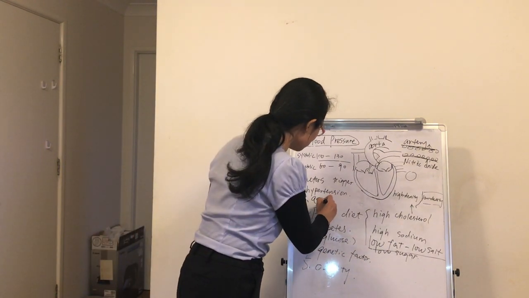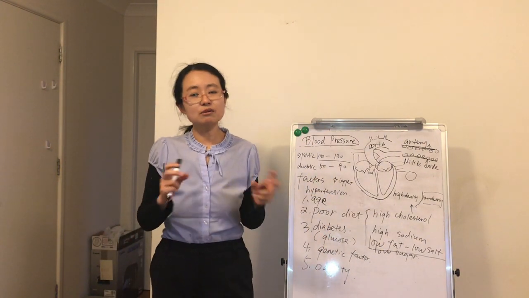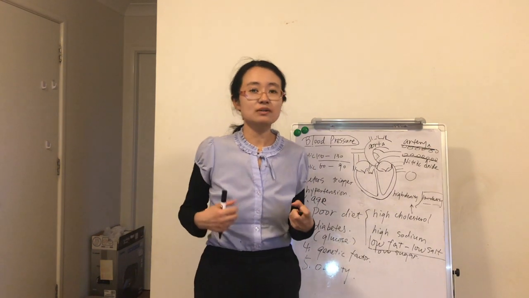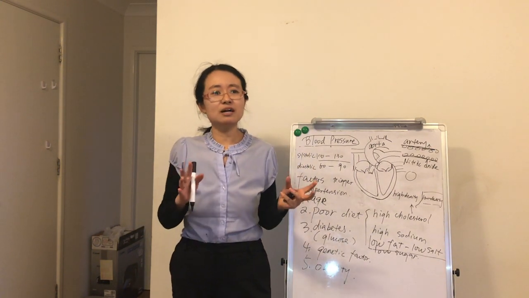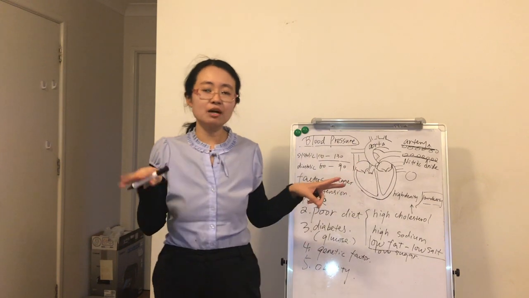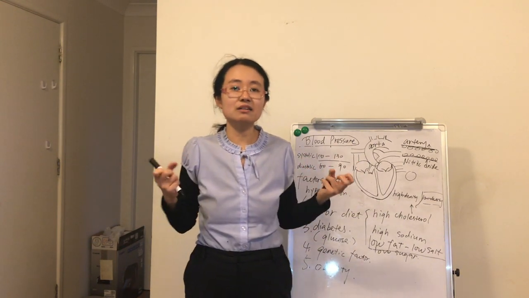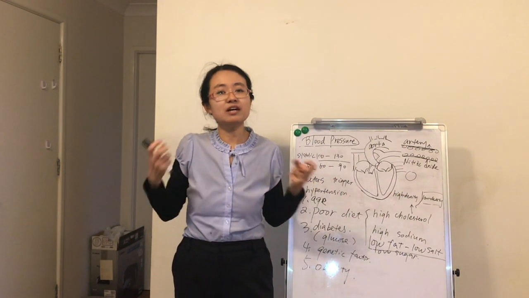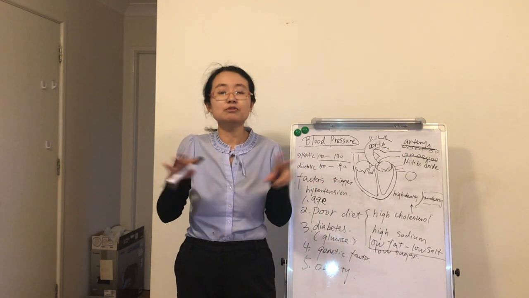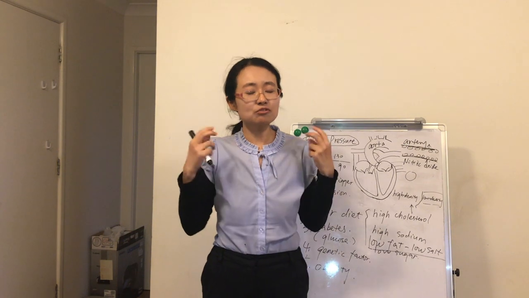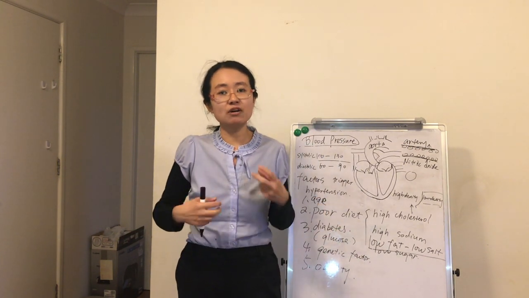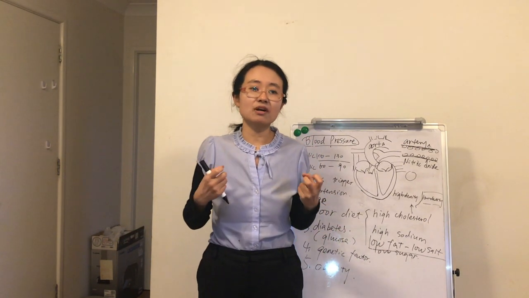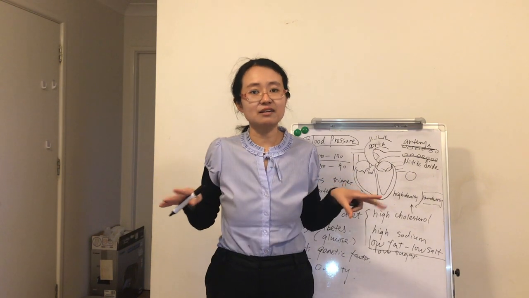So actually, blood pressure is really closely related to our health. Normally if you have high blood pressure, you are most likely asymptomatic, so you won't feel it. You probably don't have any symptoms, you probably feel fine. So it's really important that you have your test done regularly.